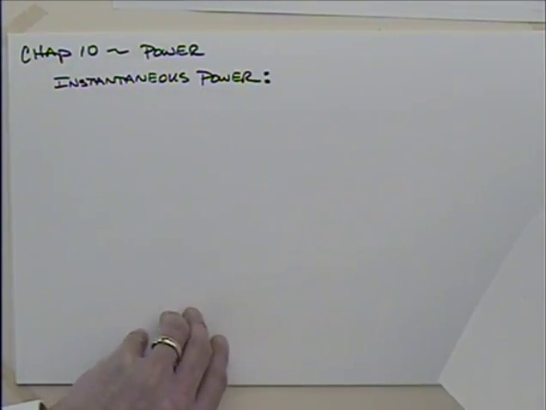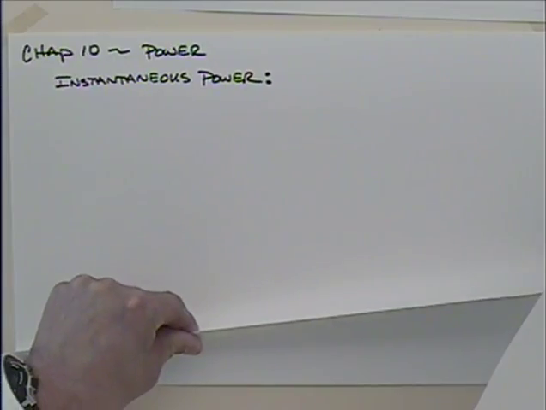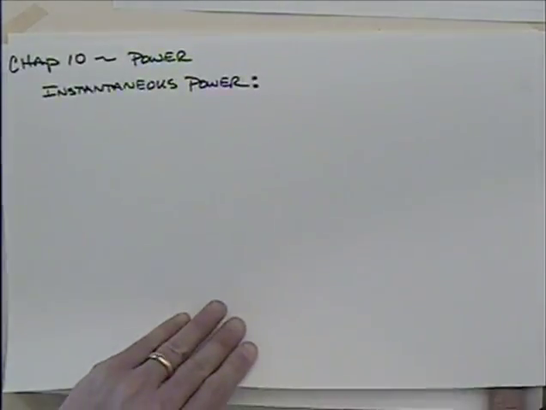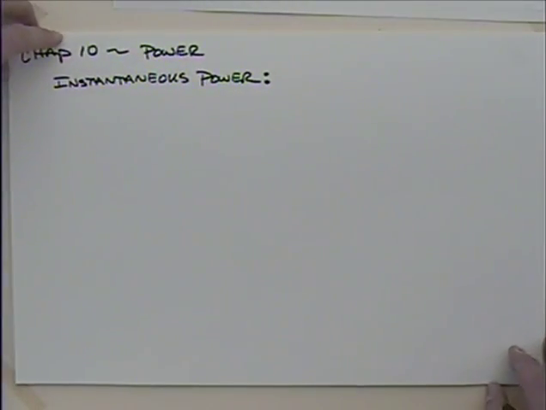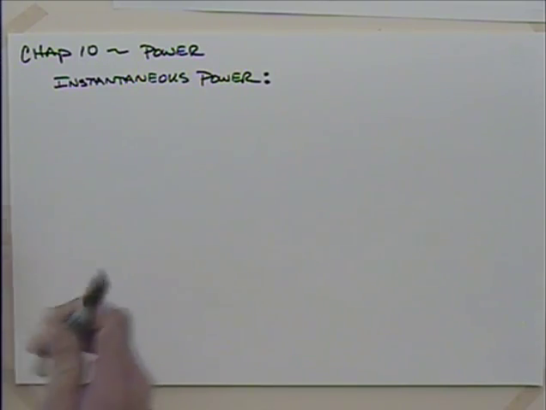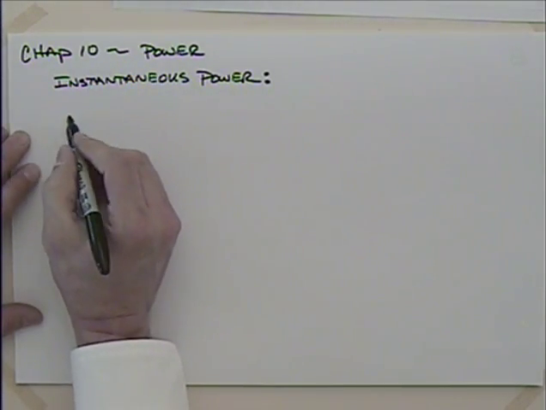So Chapter 10, instantaneous. We'll start with instantaneous power. We don't necessarily use instantaneous power very much, other than to help us derive average power, which we use a lot. So let's say I start with instantaneous power, and I'm going to do this in the time domain.